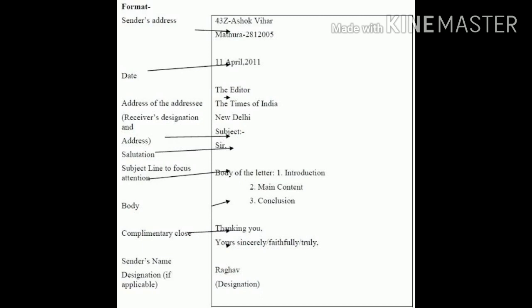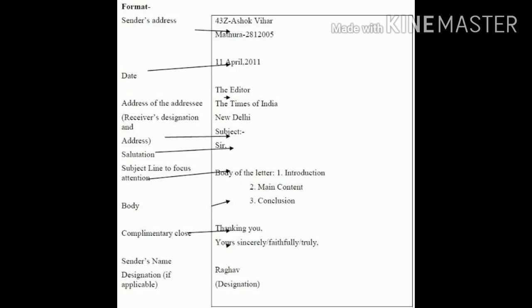Again we leave a space and mention the subject. Next we write the salutation by leaving a space above it, that is Dear Sir, followed by a comma. Again we leave a space and write the body of the letter in 3 paragraphs as I have taught in this video.